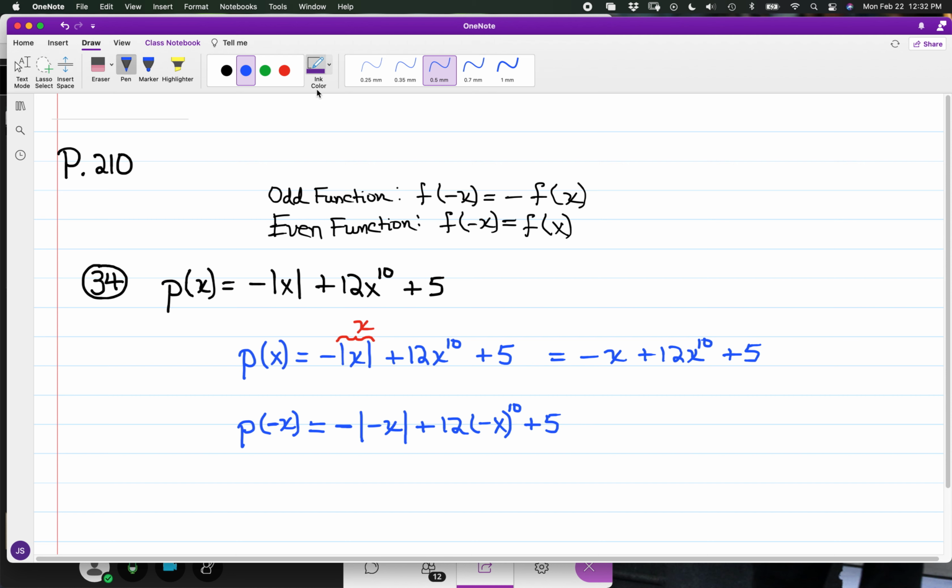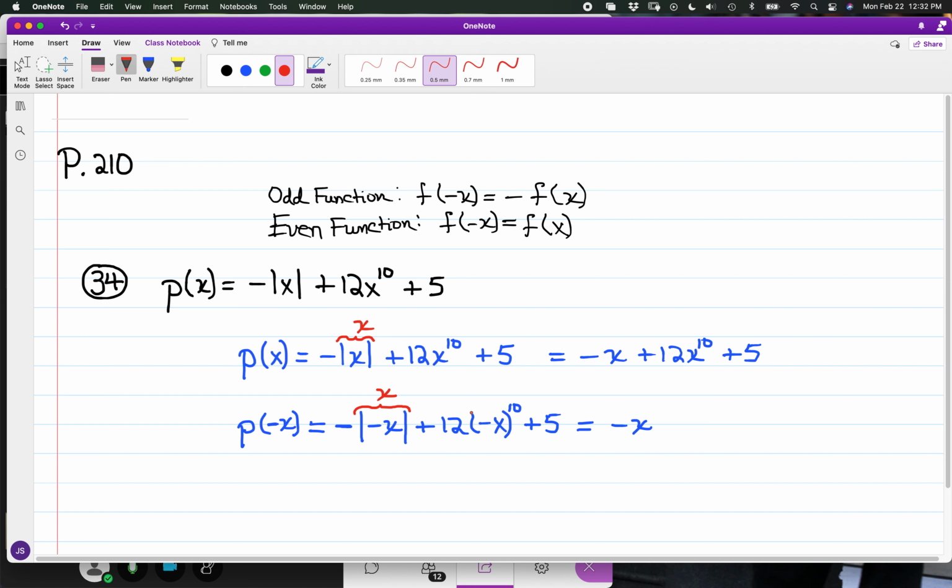The absolute value of a positive is a positive, and the absolute value of a negative is still a positive, so the absolute value of negative x is still x, and I'm still taking the opposite sign of this, so I have negative x.